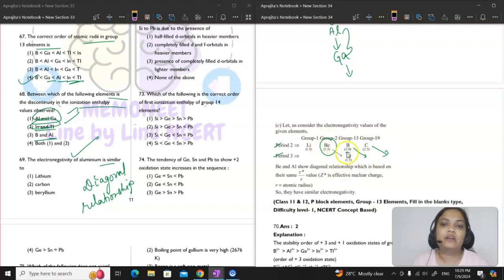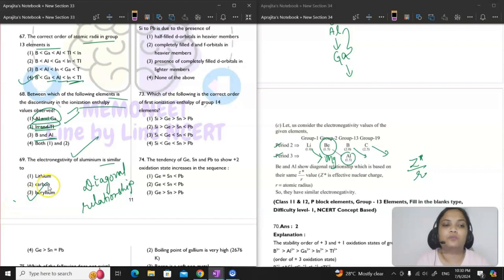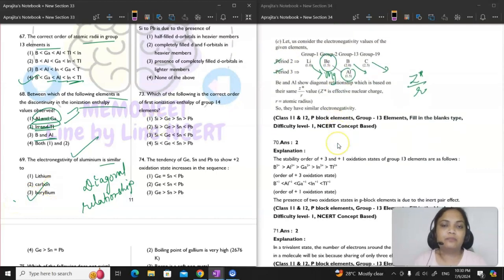Now beryllium and aluminium show a diagonal relationship, which is based on their same Z effective upon R values, where Z effective means effective nuclear charge and R is atomic radius. So in a diagonal relationship the elements have similar properties. For aluminium, it shows a diagonal relationship with beryllium. Similarly, magnesium will show a diagonal relationship with lithium. So for this question, the answer is option number 3, that is beryllium.